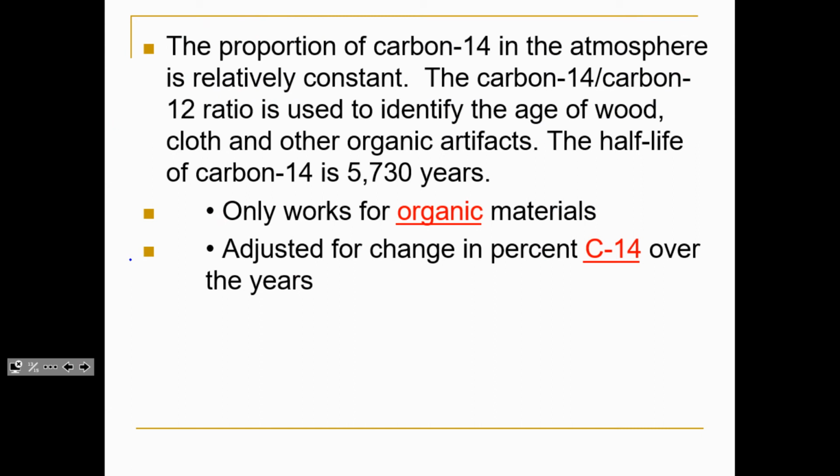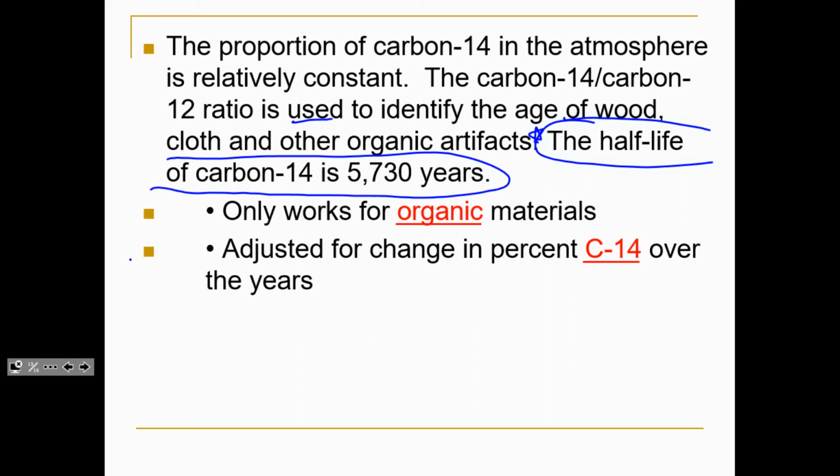So the proportion of carbon in the atmosphere is constant. Carbon-14 to carbon-12 ratio is used to identify the age of wood. We call it petrified wood and other organic artifacts. So this is important. I would have you underline this or circle this, but the half-life of carbon-14 is 5,730 years.